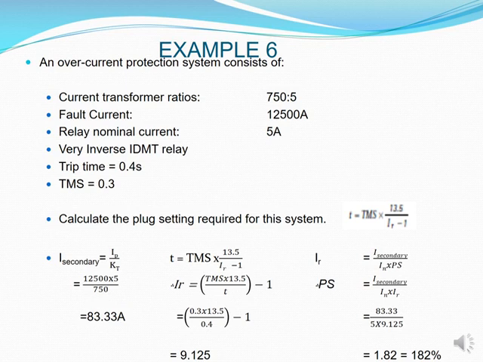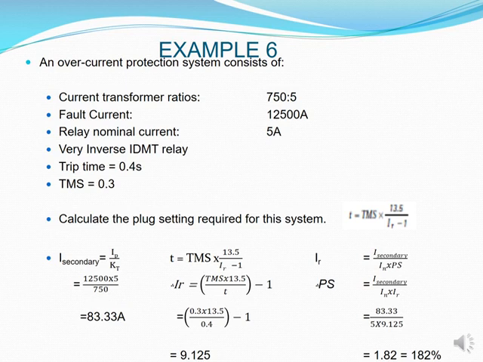So what you do first, you can still calculate what your I secondary is, and you get an answer there at the bottom. Then you go to your formula for your T, because in that formula you're going to have that IR, which is what you're looking for. I found my IR over here to be equal to 9.125.